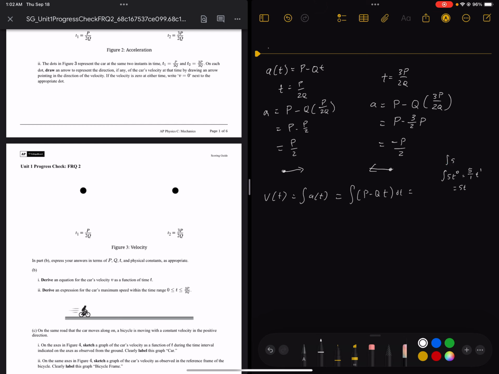And similarly, the integral of p is going to be equal to p times t. And then the integral of qt, well, it's going to come out to minus q over 2 times t squared. All right.